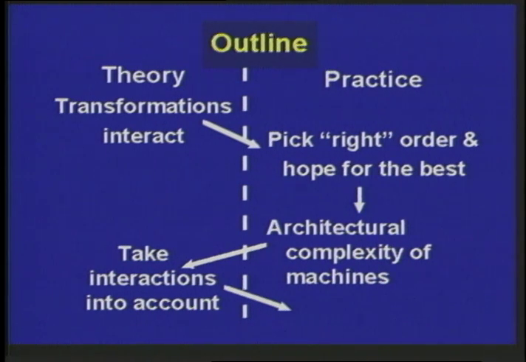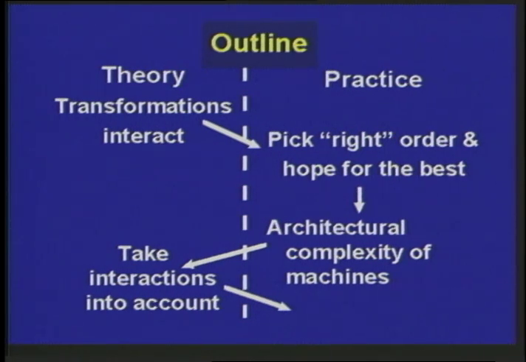So here's the outline for my talk. We're going to start out with a particular aspect of the theory of compilers. It's almost folklore in some sense. We'll start out with the notion of transformation and the fact that transformations can actually influence each other. That is, they can help or hurt in terms of achieving the final goal.